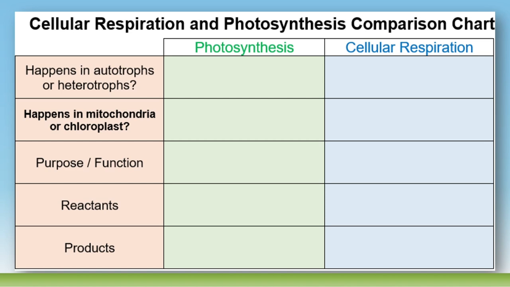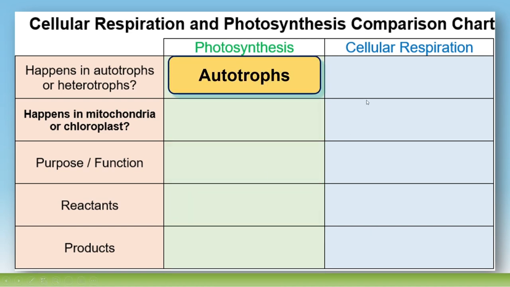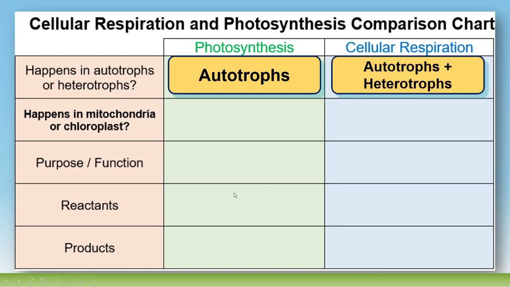Okay, photosynthesis only occurs in autotrophs. But cellular respiration actually occurs in both. So cell respiration occurs in autotrophs and heterotrophs.